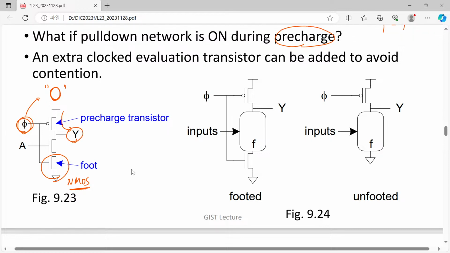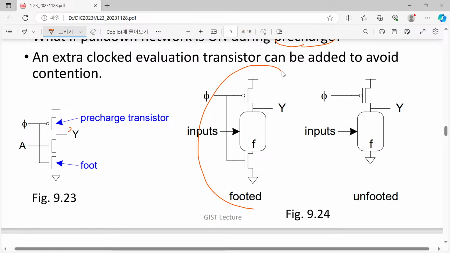At the same time, since the clock signal is 0, our footed N MOSFET is turned off. So regardless of the value of your input signal A, this pull down network is shut down, and you don't have any current flowing through it. So your pre-charge mode can be quite safe. Okay, so this is the footed implementation.